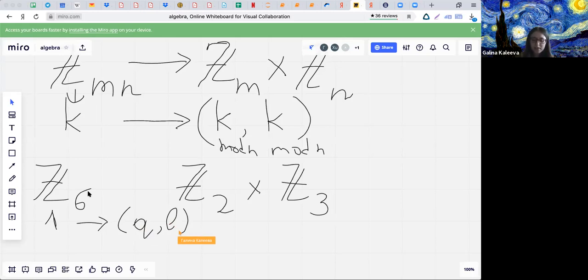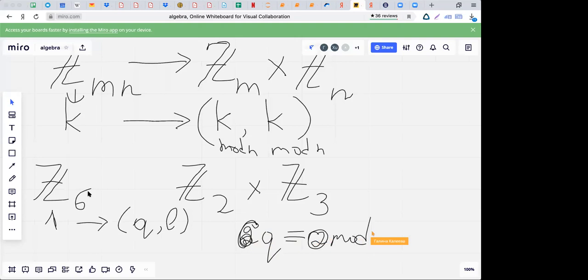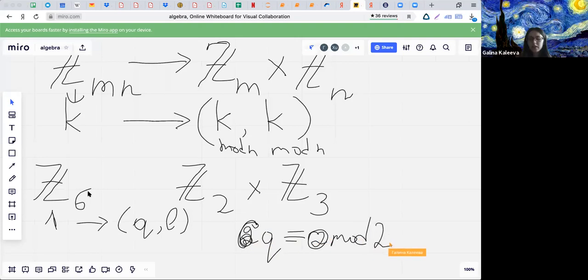For the orders I have 6 times q equals 0 modulo 2, and 6 times l equals 0 modulo 3.